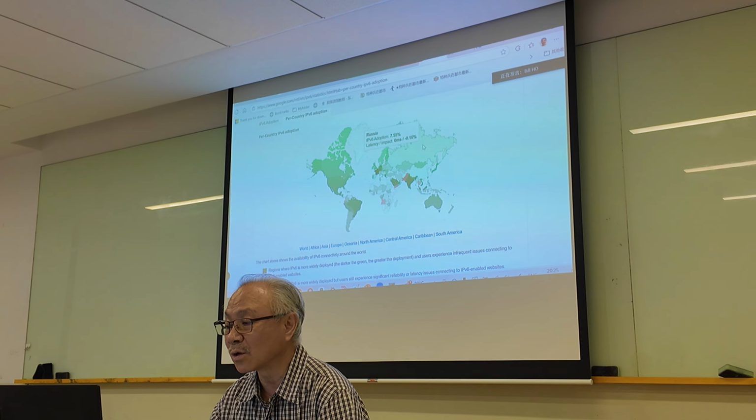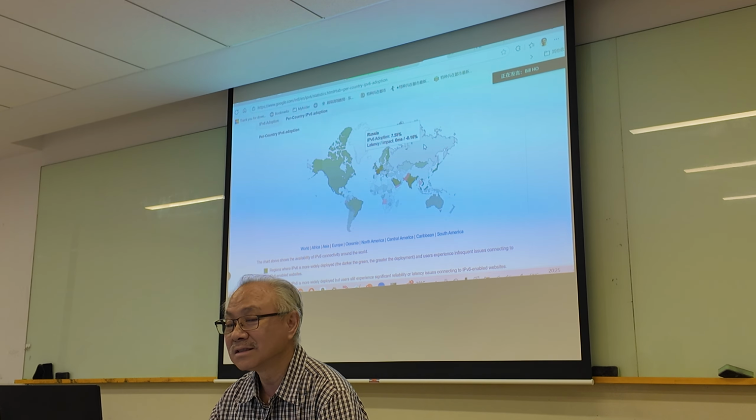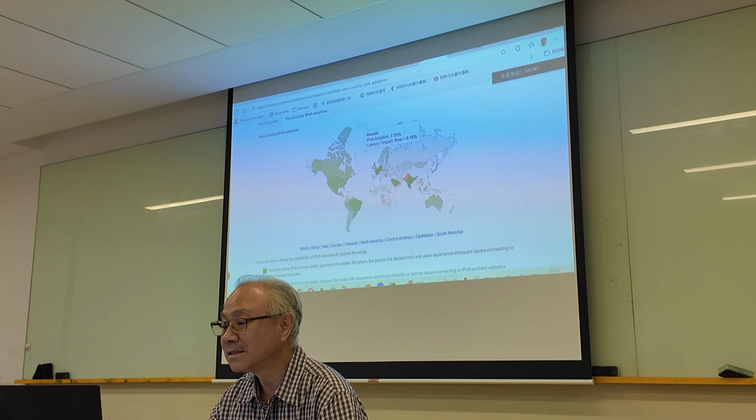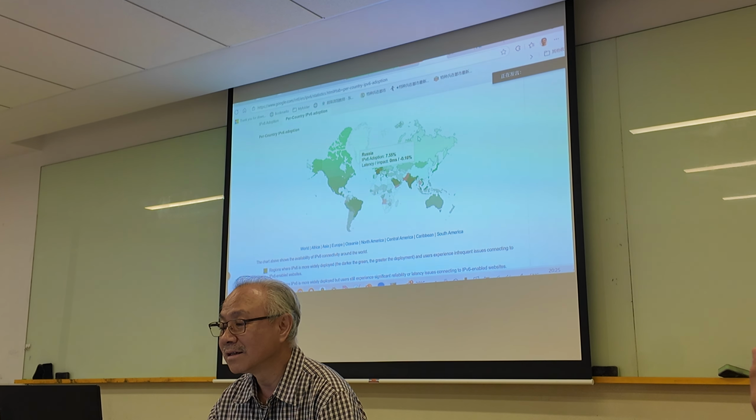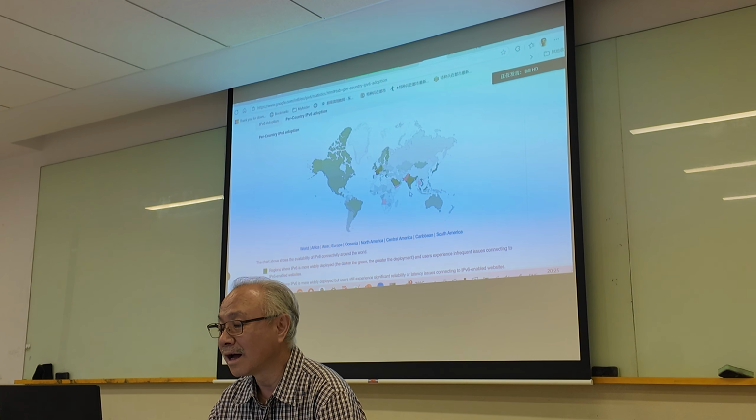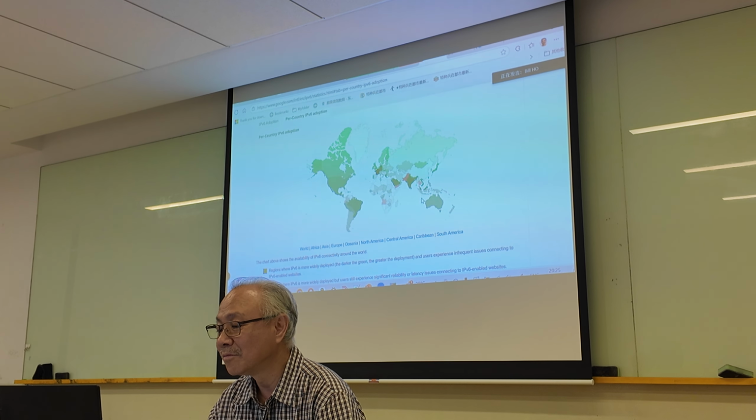Then Russia is also very low, population low. Singapore is very low, I can't see it. Singapore doesn't exist on the map, too small. Make the map bigger, the resolution.